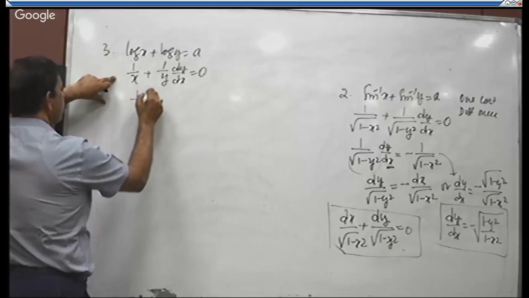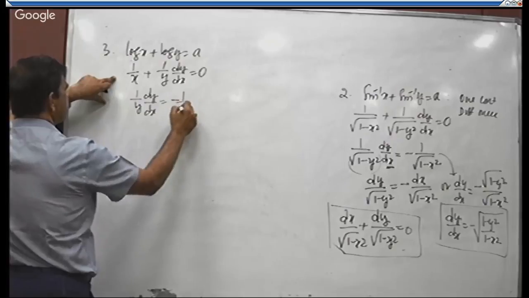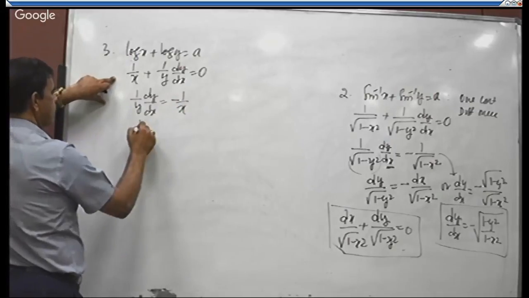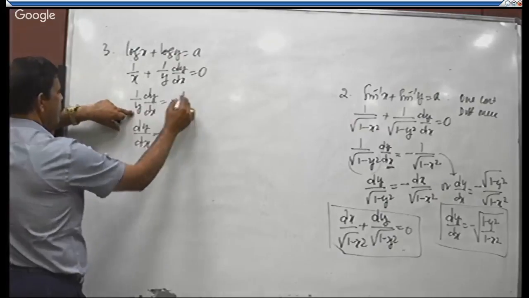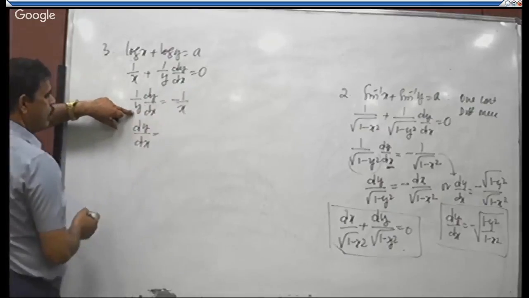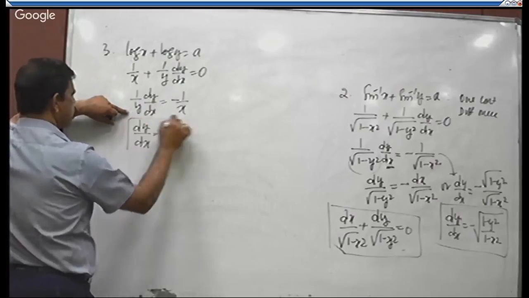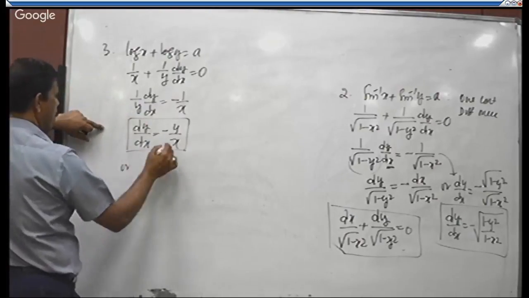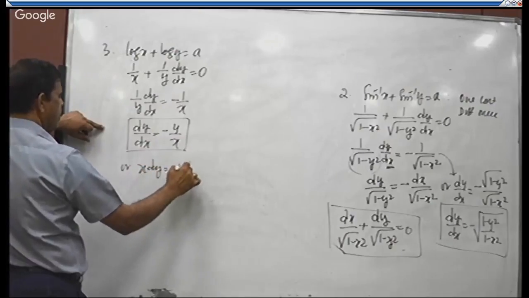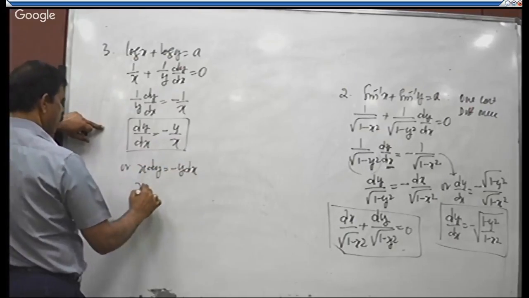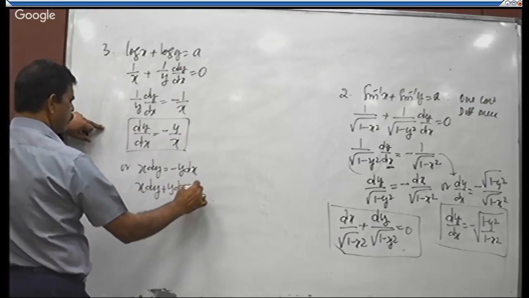Or 1 by y into dy by dx is equal to minus 1 by x. Otherwise, in this form, you just send y to the other side. It goes to numerator: dy by dx is equal to minus y by x. Or you can write x into dy is equal to minus y into dx. Or x dy plus y dx is equal to 0.